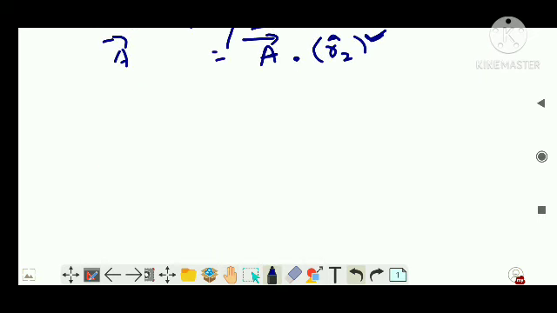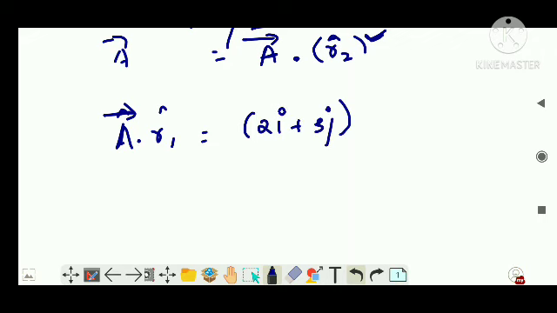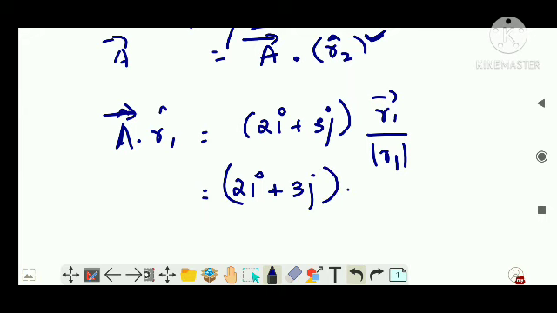So you are asked what is the A along r1, so that is A dot r1 cap. Sorry, capital A vector, it is 2i plus 3j, right? What is r cap? r1 vector divided by r1's magnitude, that is 2i plus 3j dot, then r1 vector I will write as i plus j, right?